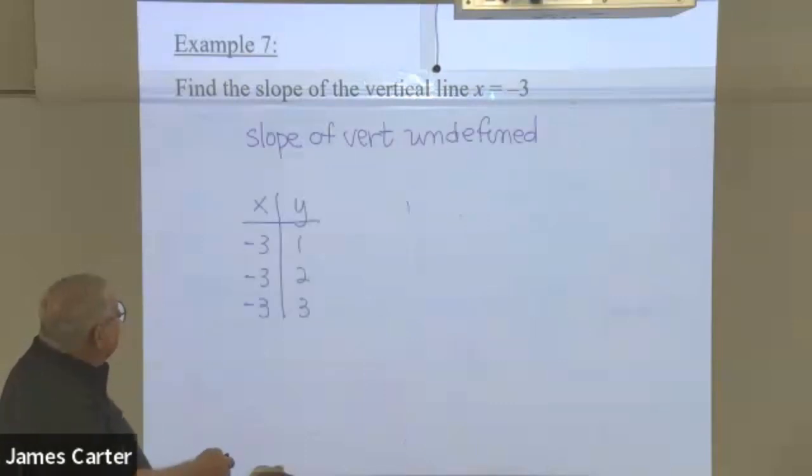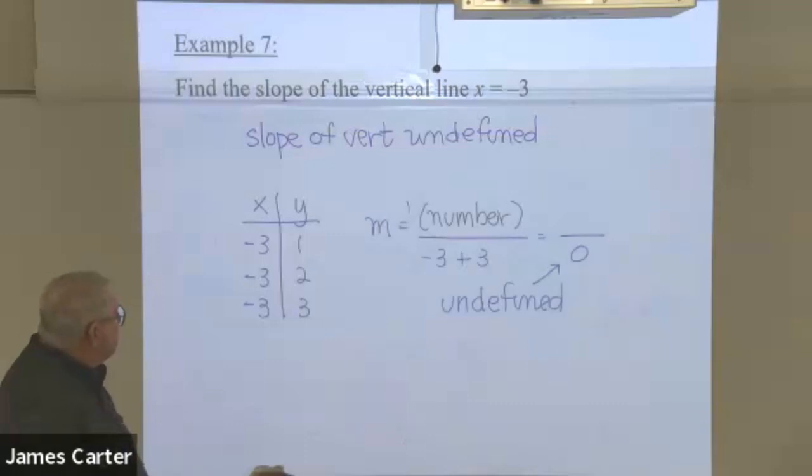What about a vertical line? Now, on a vertical line, it has a slope that's undefined because the x values will always cancel each other out.